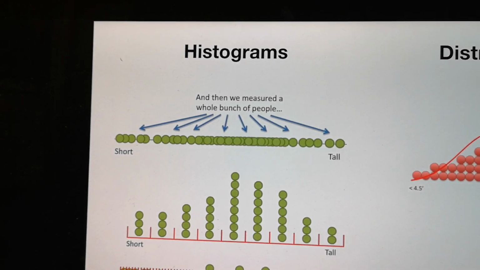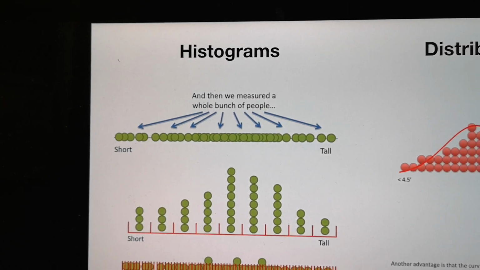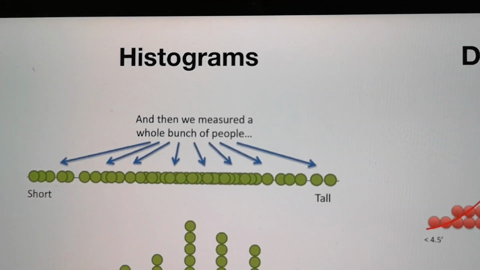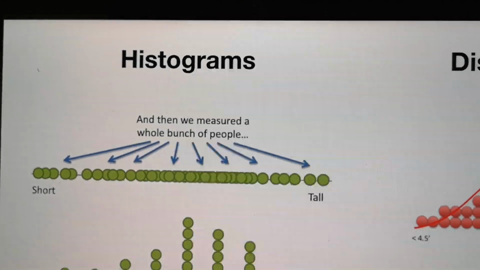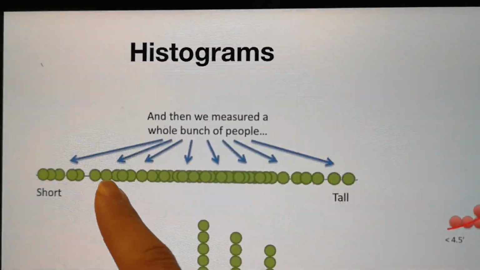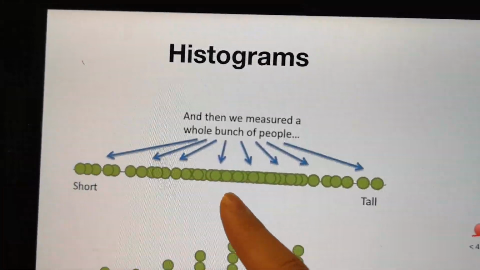Why do we need this? As an example, we measure many people's height. Some are short, some are tall. Because we collect so much data, it's hard to see, and some of it just overlaps here.